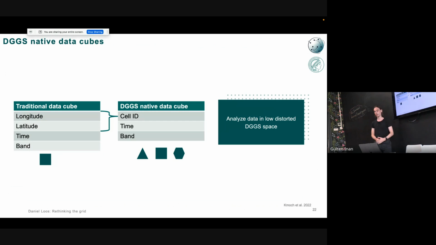That's the only difference between raster data cubes in the traditional world and DGGS data cubes. The only thing that we change is space. Everything else, like time or the band, is still the same. So at the end, we can still use packages like xarray, we can use Zarr, NetCDF, whatsoever. We just have arrays with labeled dimensions, and this is what we can use as a data structure to store DGGS data natively.